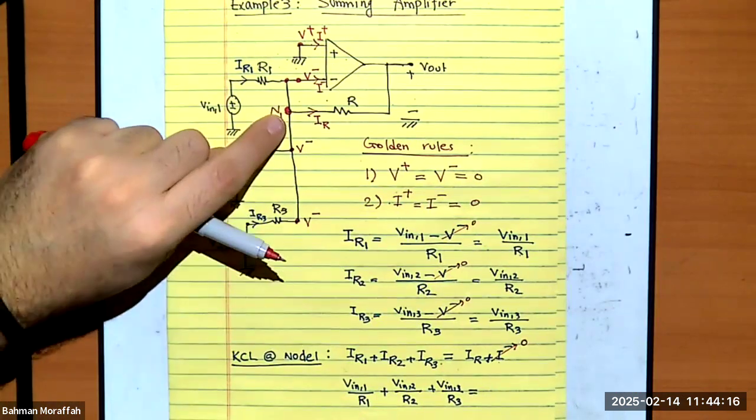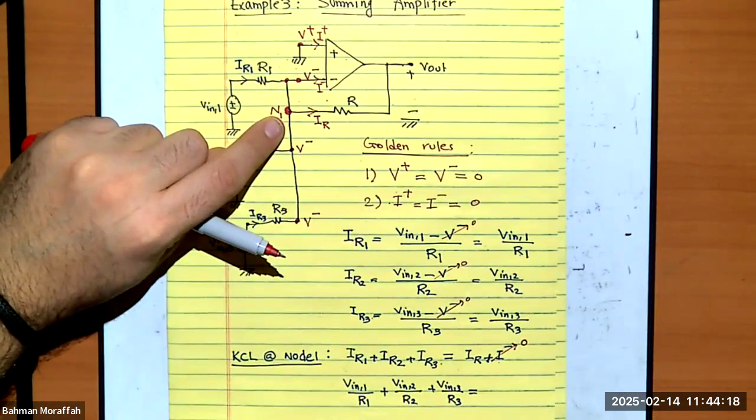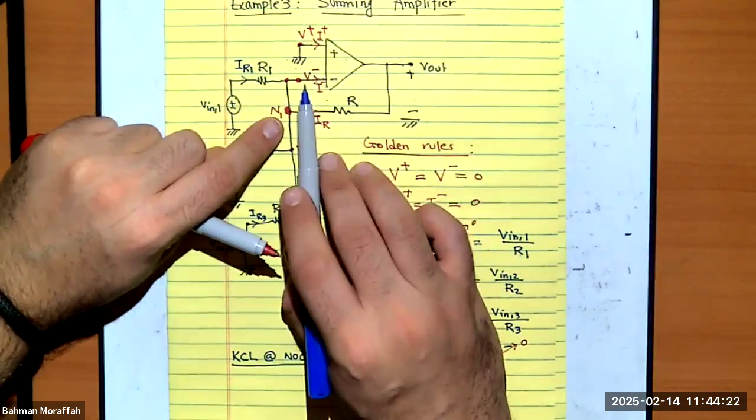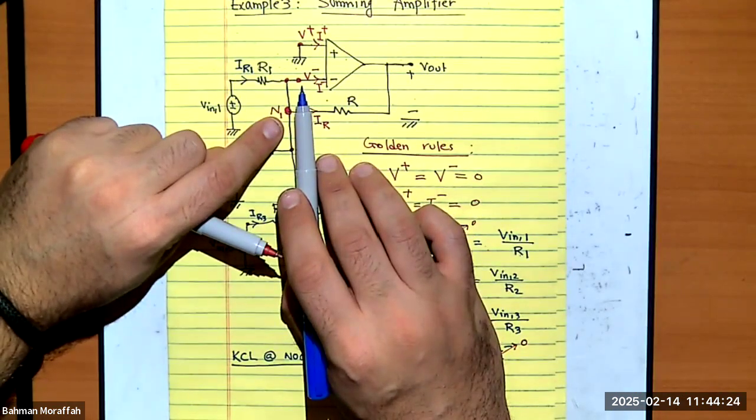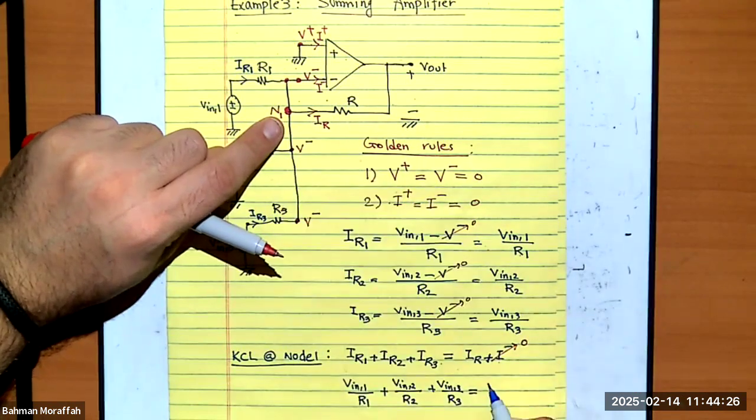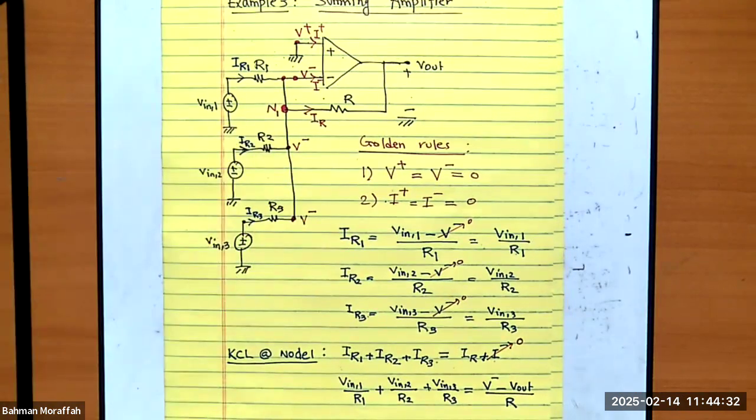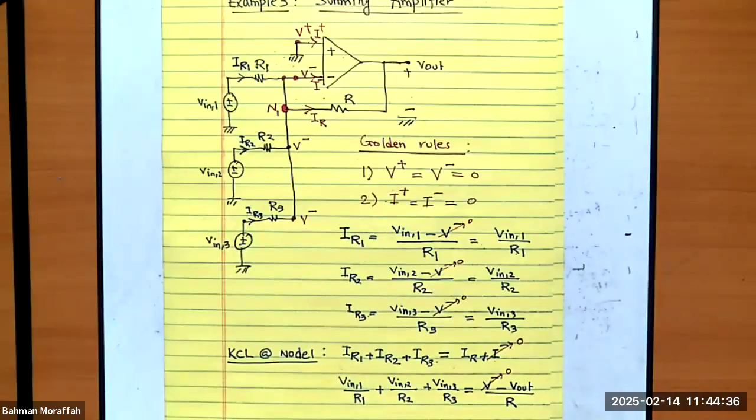But what is the voltage at this node, at N1? This is V negative. So I have V negative minus V out divided by R. What is V negative? 0.